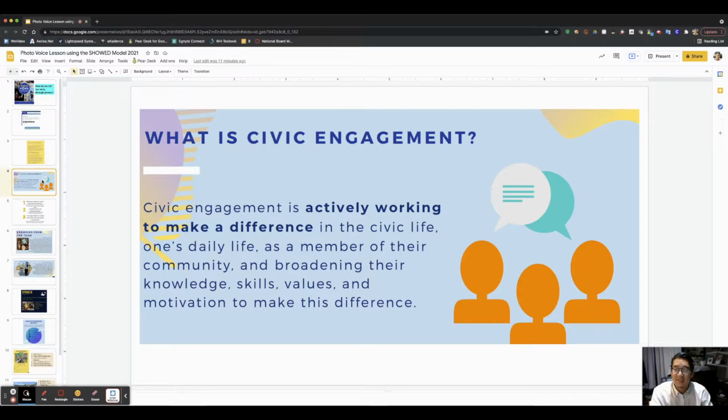So what is civic engagement? Once again, civic engagement is actively working to make a difference in the civic life, one's daily life as a member of the community. PhotoVoice makes it very accessible, even for, I think, elementary school students to think about using their voice and creating their voice and using photos to talk about the things that they care about.